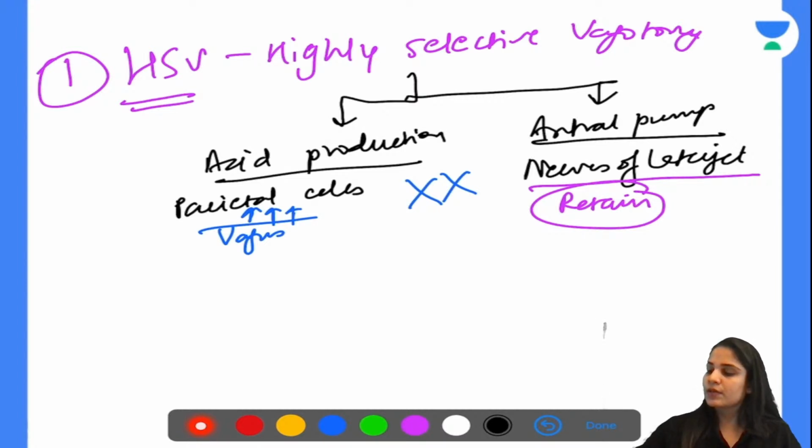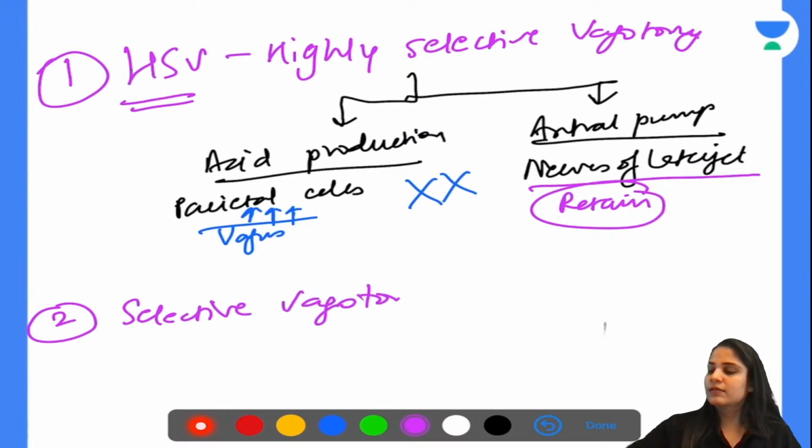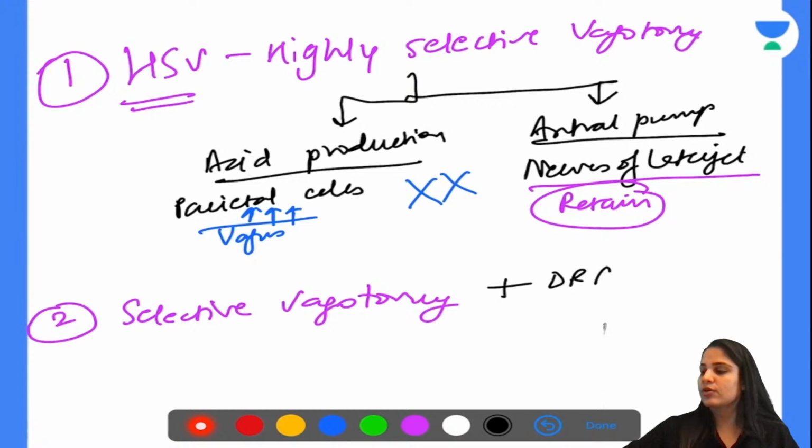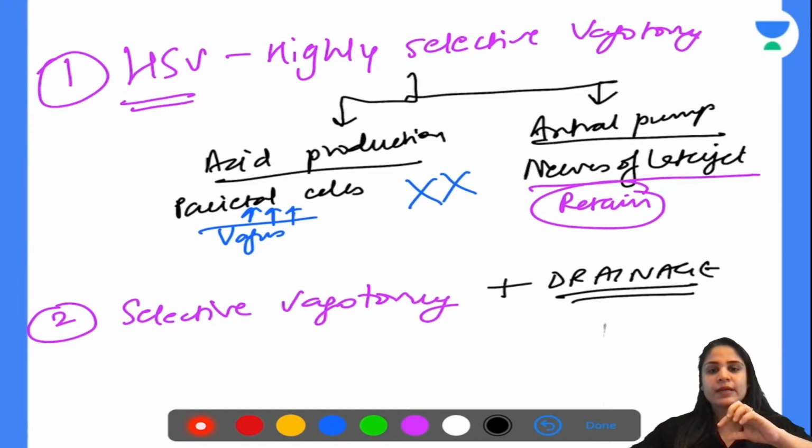What do I do? I do a selective vagotomy, and there will be some problem with the drainage. So I always have to provide some kind of drainage option. For allowing drainage of the food, instead of the food getting pushed from the stomach into the duodenum, I do a gastrojejunostomy.